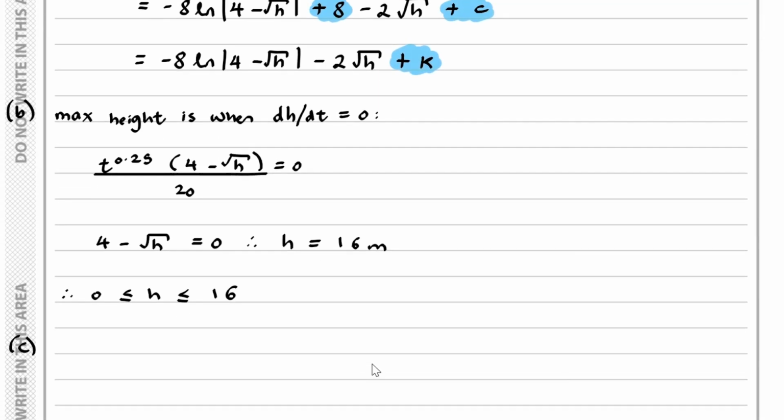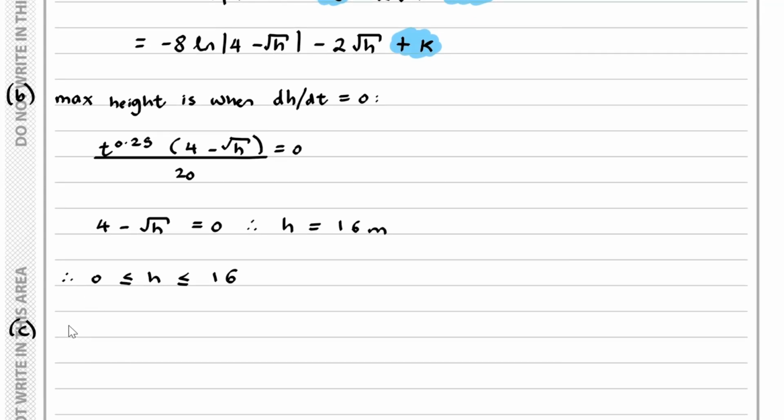So for part C, solving this differential equation, let's begin by writing out the differential equation dh over dt equal to t to the 0.25 lots of 4 minus square root h over 20.